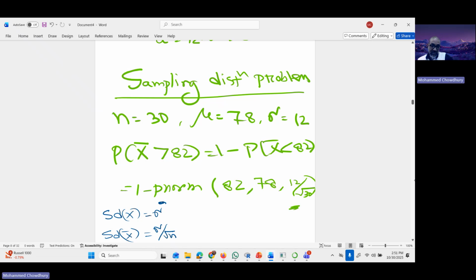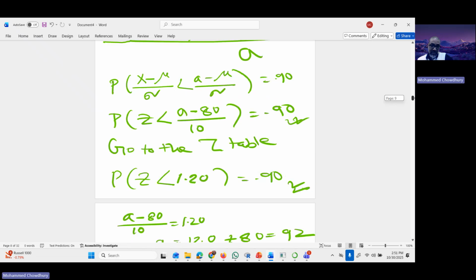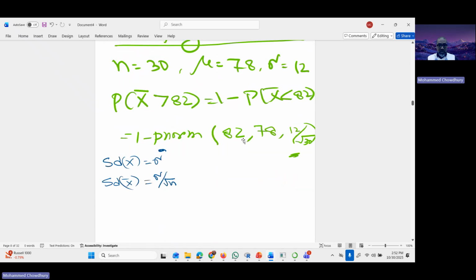Because this is x bar, that is why we put here sigma over square root of n. Now let us solve this problem.